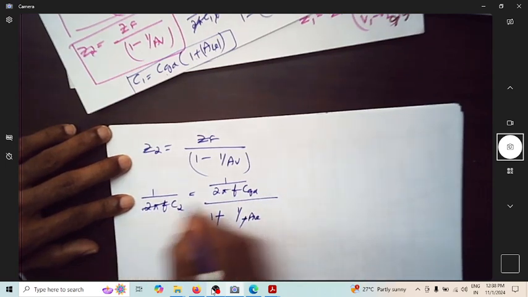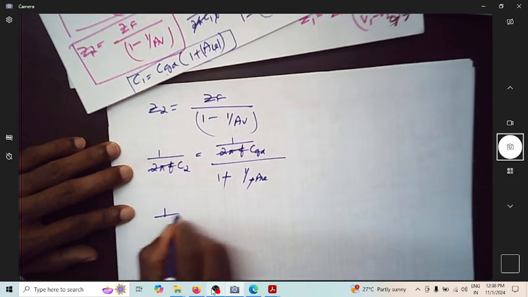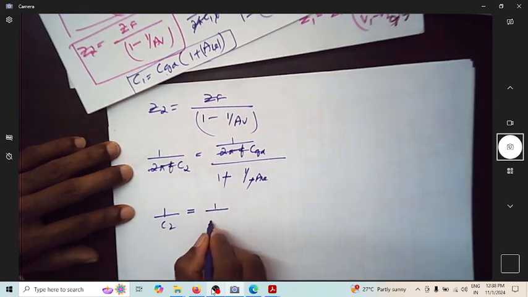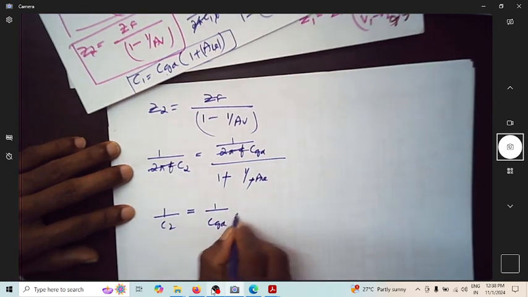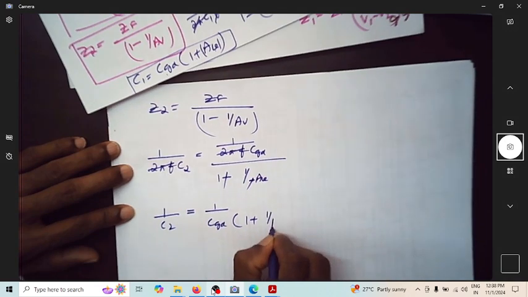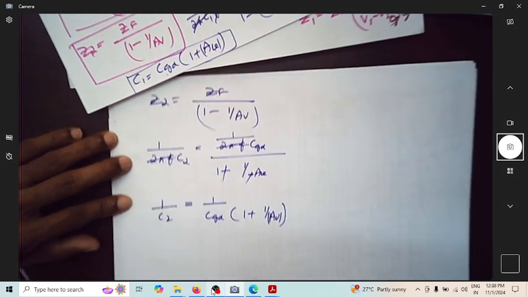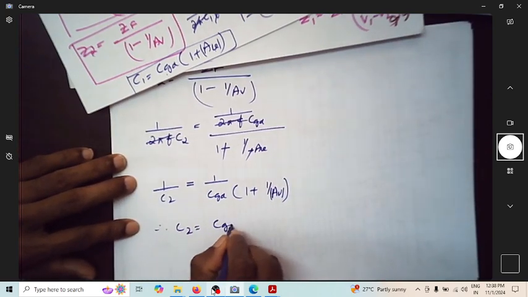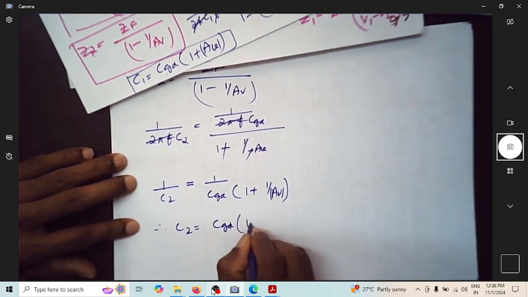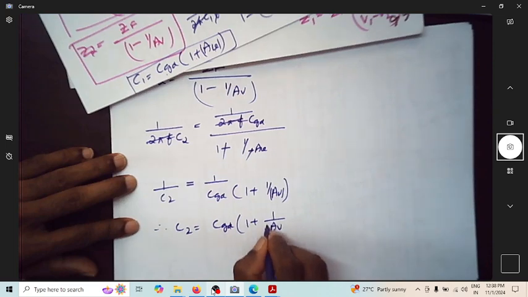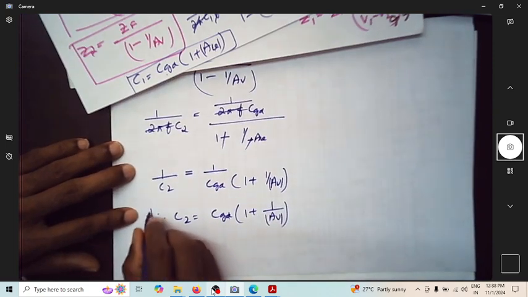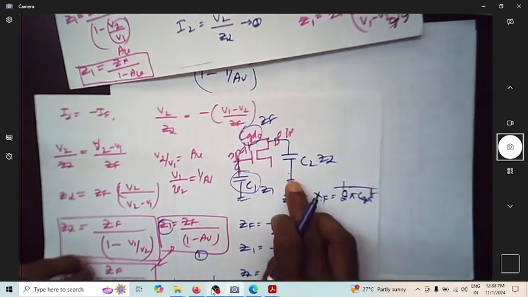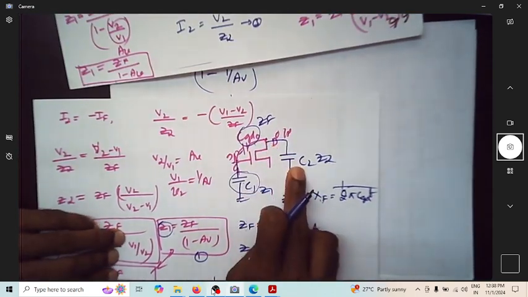So do you have 1 over C2 is equal to 1 over CGD into 1 plus 1 over AV magnitude? Then what is C2? C2 is equal to CGD into 1 plus 1 over AV. This is the expression for the C2 capacitance which is going to come on the second node.